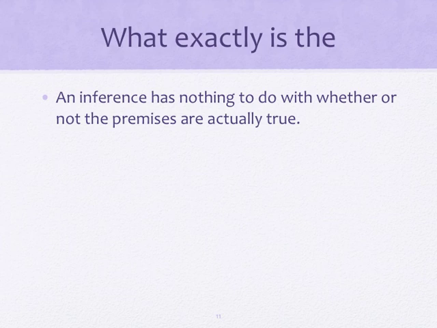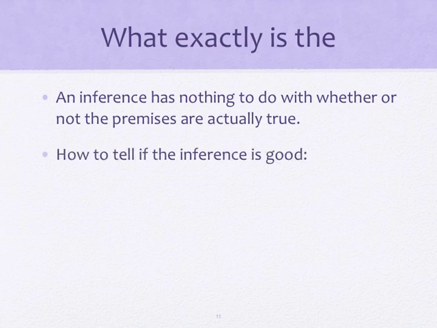It has nothing to do with whether or not the premises are actually true. You can have a good inference with false premises and a true conclusion, or false premises and a false conclusion. So the truth value of the premises doesn't tell you very much about the inference.